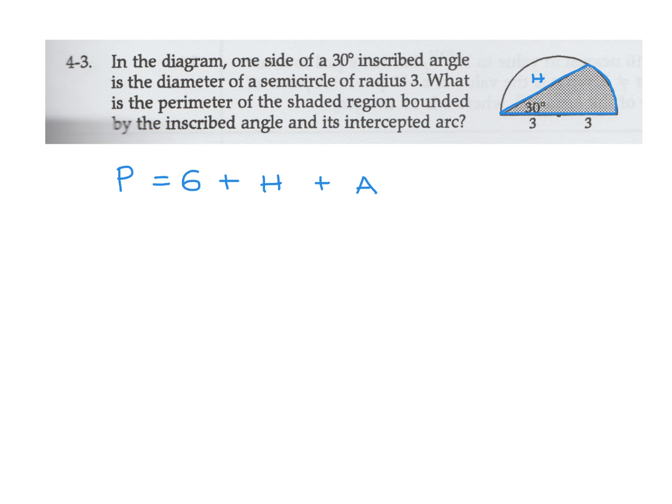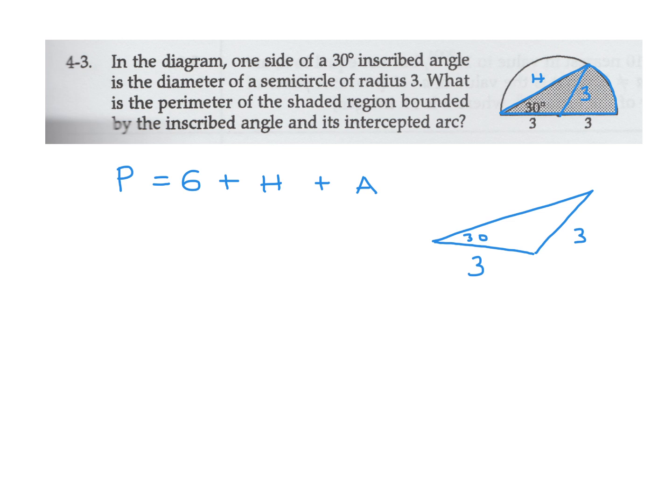Okay, so where do I start here? Well, I'll connect the center to here, and that is also 3, since that's the radius. So let me just draw that here. So this is 3, this is 3, this is 30 degrees.